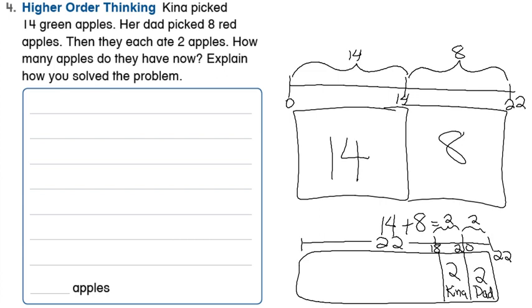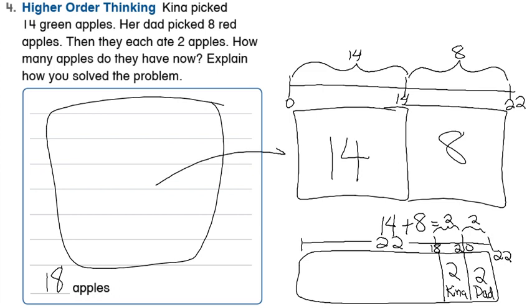So they have 18 apples in all right now. Now, since I showed my work, that is explaining how I solved the problem. So I don't have to write words in this section here because I already did my work on the right-hand side. And kids can do it the same way, showing the work as opposed to writing in words.